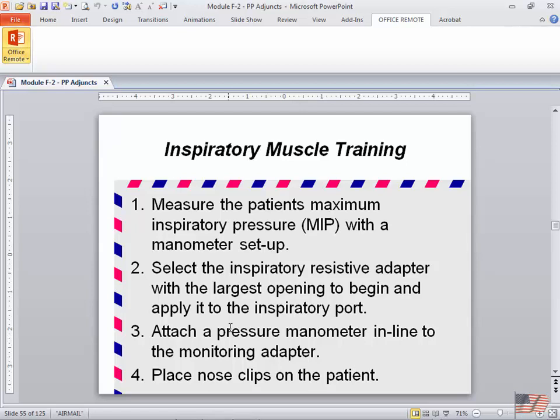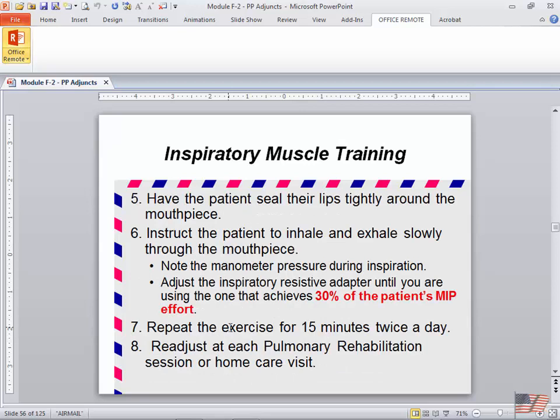So if I know what their maximal inspiratory pressure is, I want to use a percentage of it, and we'll get to the percentage in a second. I'm going to set that inspiratory resistor to the largest opening to start with, and then monitor their pressure as they take the breath in. The goal here is to achieve 30% of their MIP, about a third of whatever their resting maximal inspiratory pressure is.